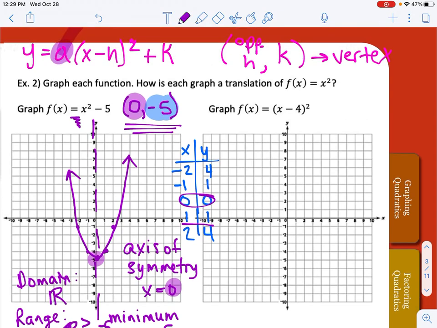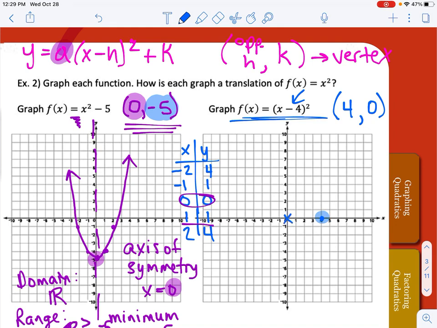On this next problem, we have an h value, which means we need to take the opposite of h for the vertex. So +4, 0 is our vertex. So we go over +4, up 0. Then once again, I treat this as my new origin in parentheses.